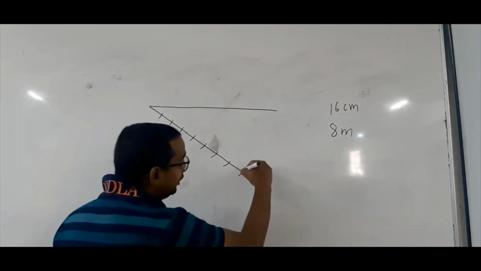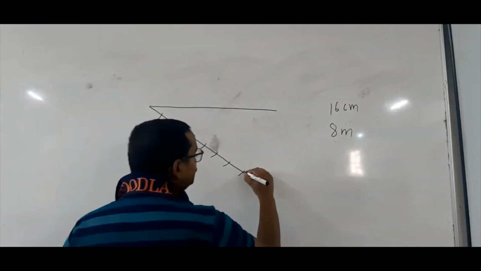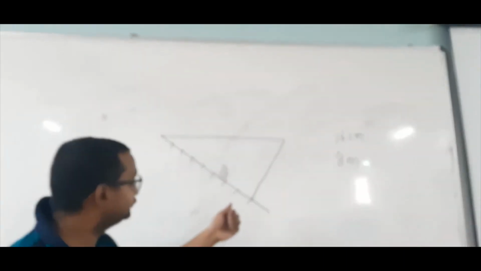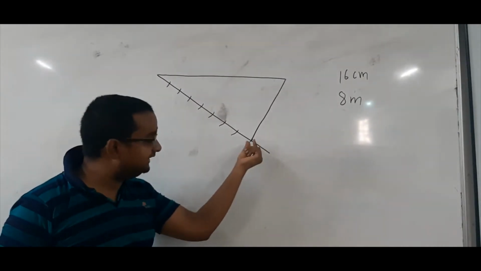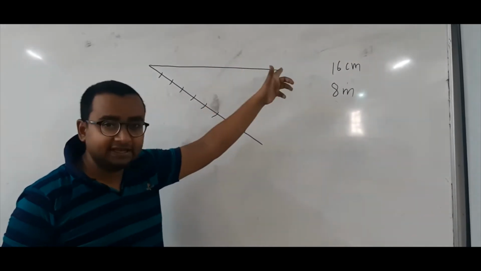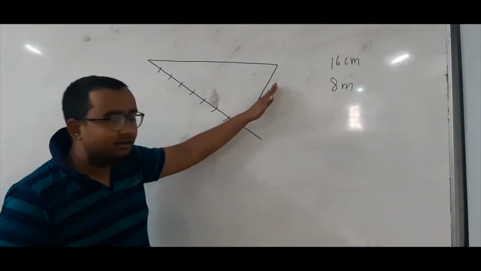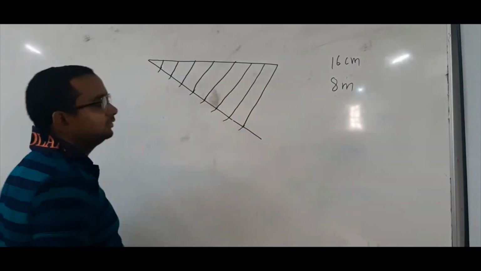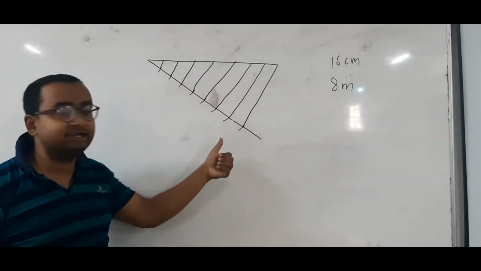Then we will join the last intersection point of the arcs on the inclined line with the end of the scale. After joining these 2 points, we will draw parallel lines from all the intersection points of the inclined line. In this manner we divided the given line into 8 equal parts.